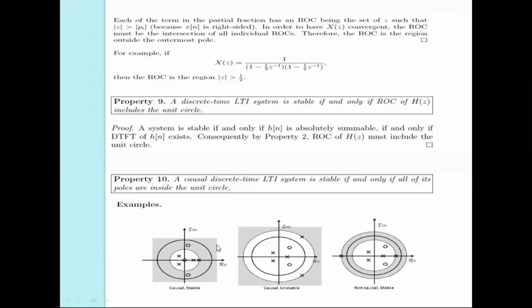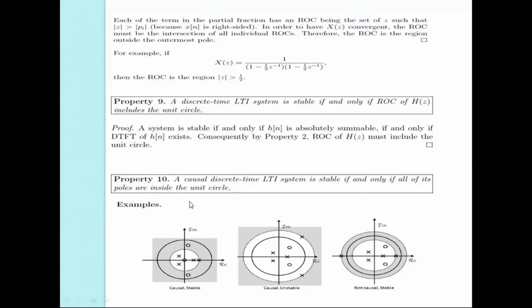The region of convergence: see, the shaded area is outside the circle, and the shaded area is in between the circles. A causal discrete-time linear time-invariant system is stable if and only if all of its poles are inside the unit circle.